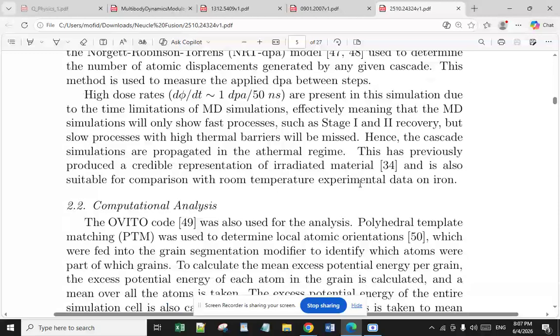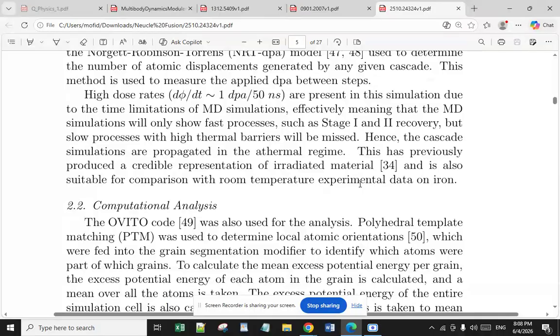High dose rates, which is the derivative of phi based on time, almost equal to 1 dpa per 50 nanoseconds, are present in the simulation due to the time limitations of MD simulations, effectively meaning that the MD simulations will only show fast processes such as stage 1 and stage 2 recovery, but the slow processes with high thermal barriers will be missed.